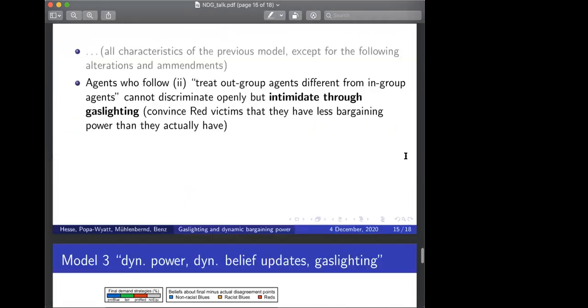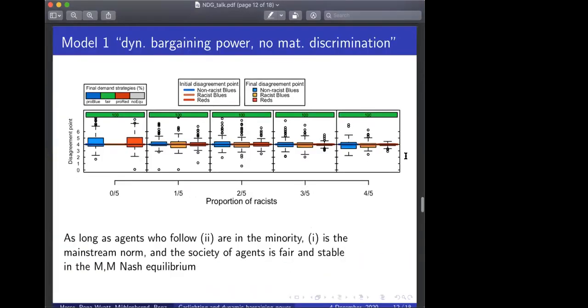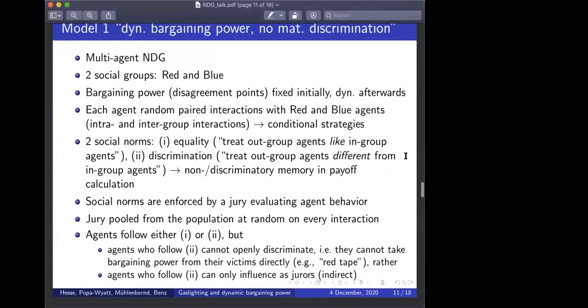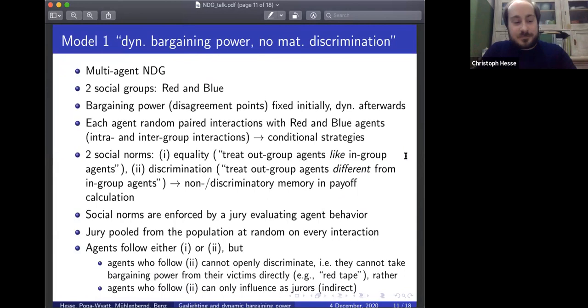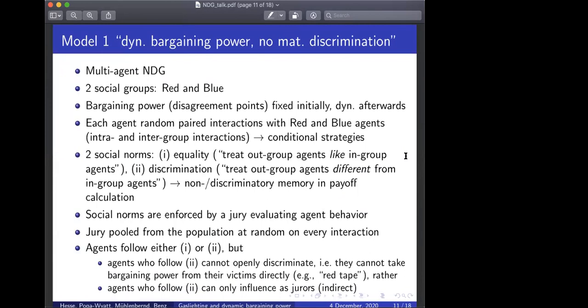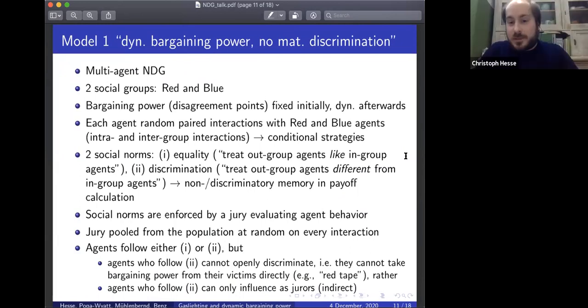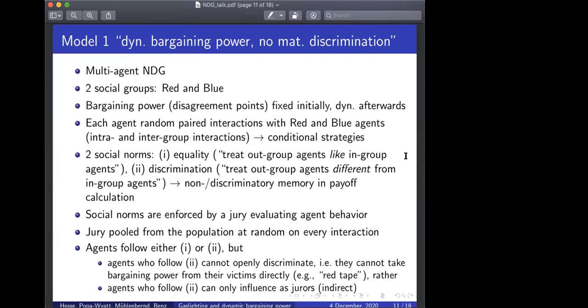When you believe that you don't have as much bargaining power as you actually do, how does this impact the simulation in practical terms? So what can you do? What are your options? You mean what options the victims have? Right. So how did you implement it in the program, basically?